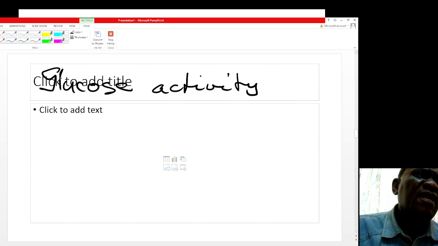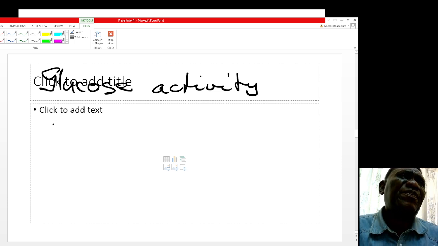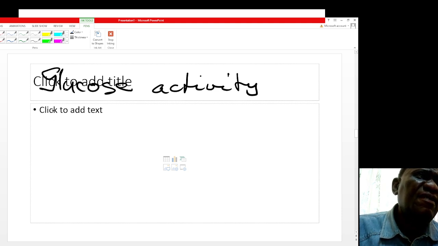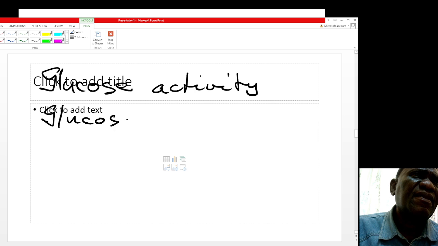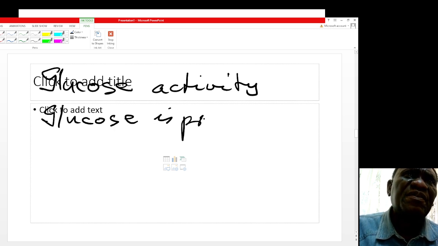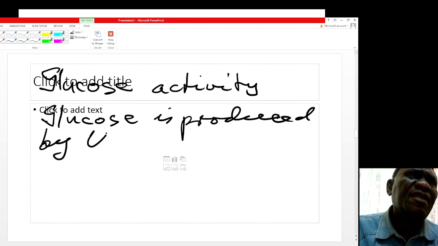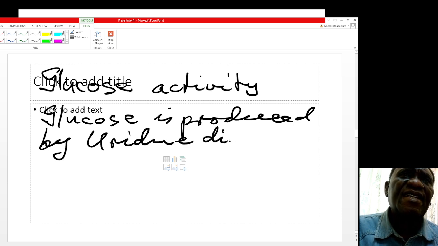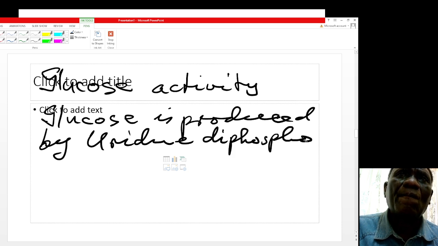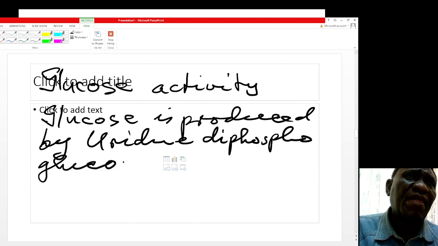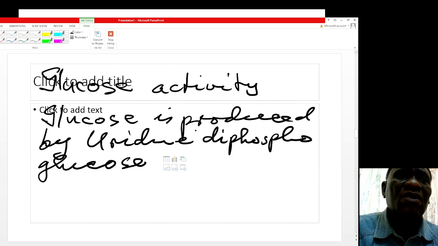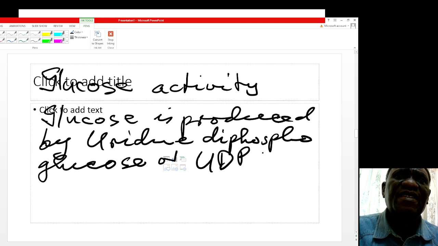Now, glucose is produced by uridine diphosphoglucose. It's one word. Or in short, UDPG.